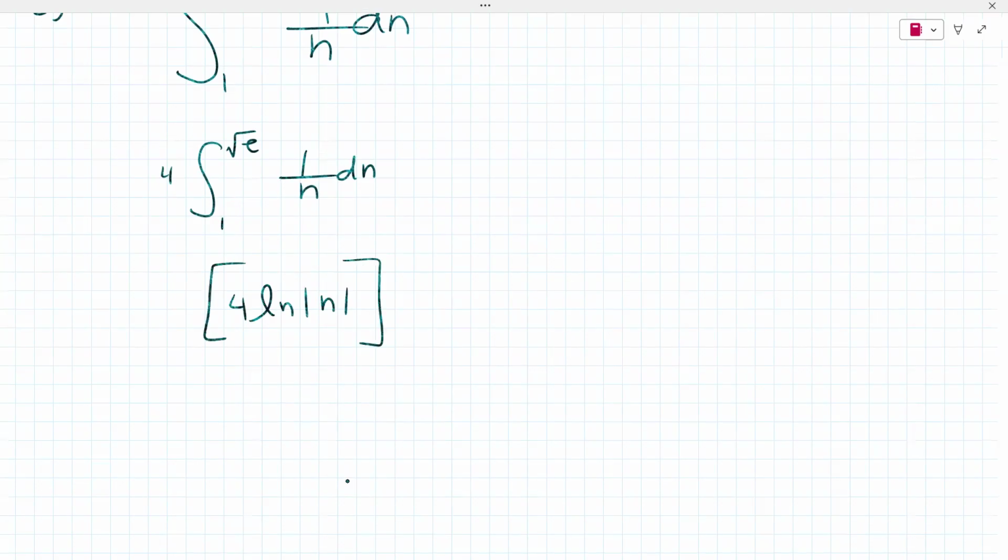And then we do fundamental. So 1 to square root of e. We do upper minus lower. So it's going to be 4 ln of square root of 2 minus bracket 4 ln of 1. And I know the absolute value of square root of 2 is positive, so I could just say 4.